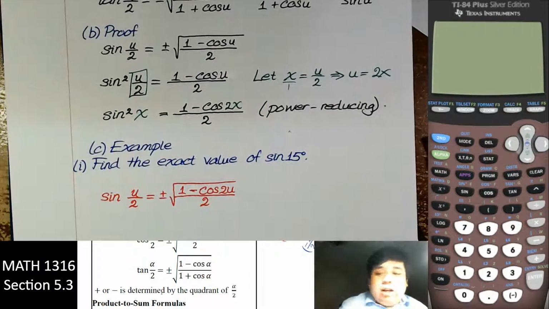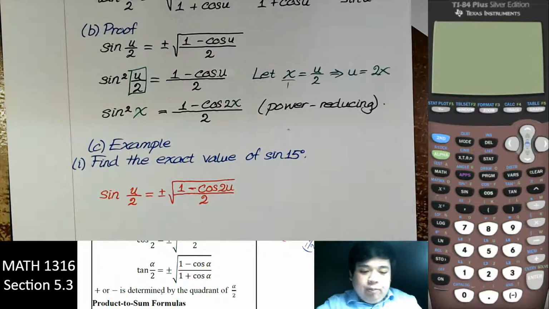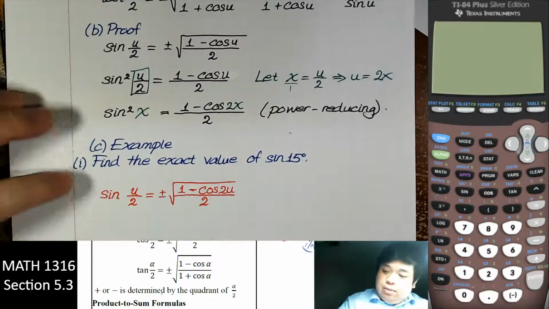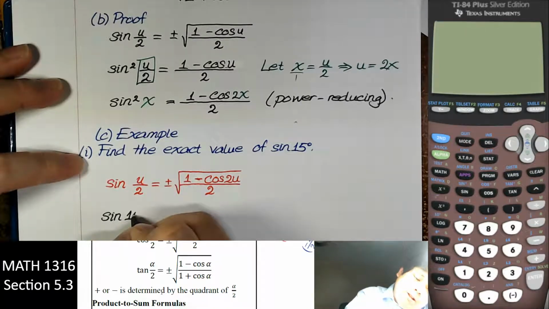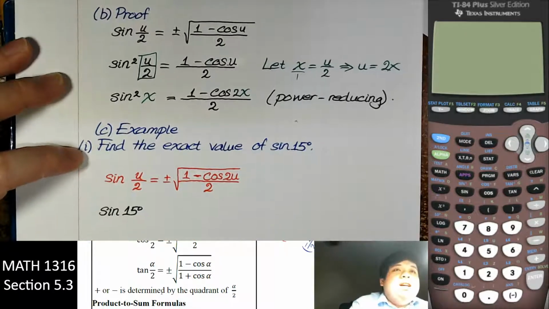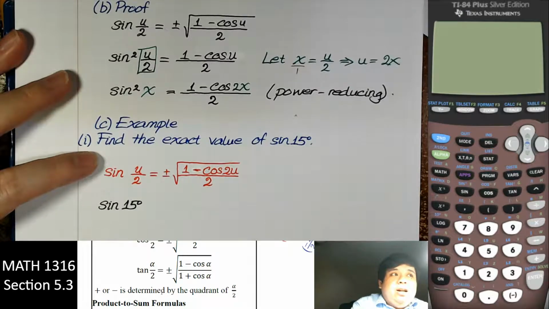So pretty much in that case, what we have to write is sine of 15. Now 15 is half of what?